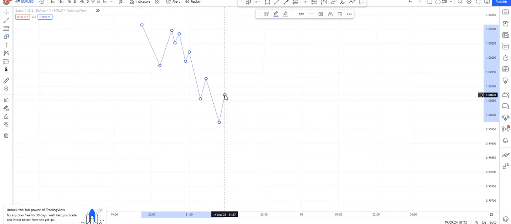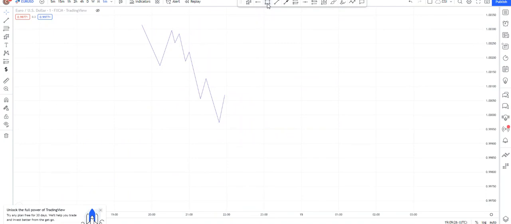So now our imbalances are number one, this area, fair value gap. This area here. This area is another area to look at.